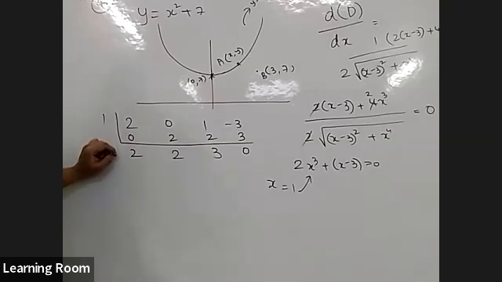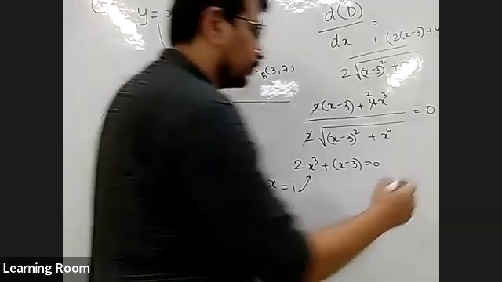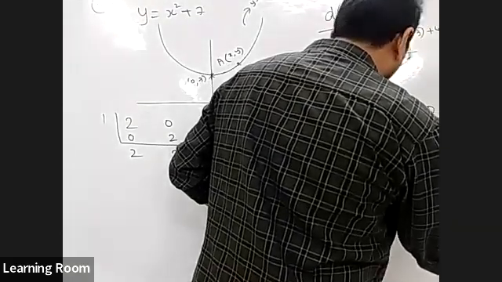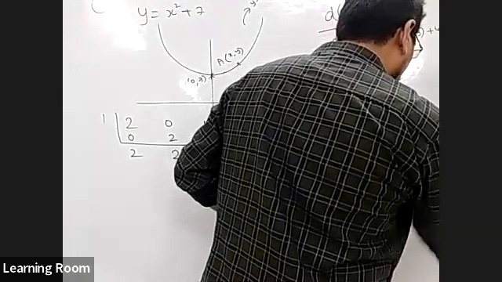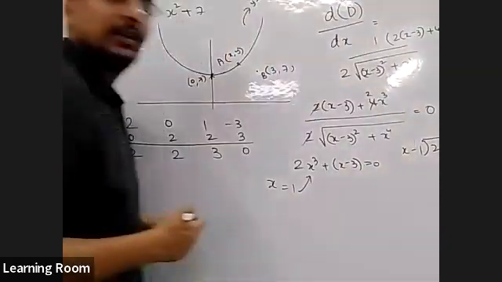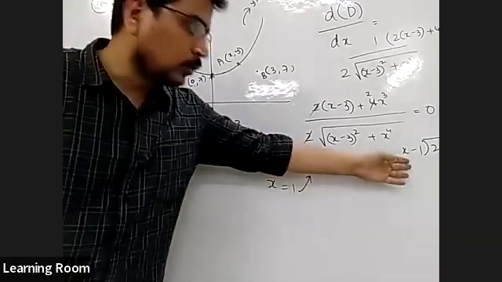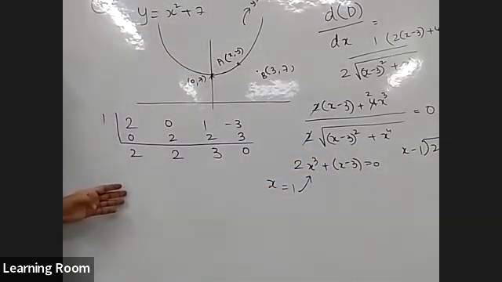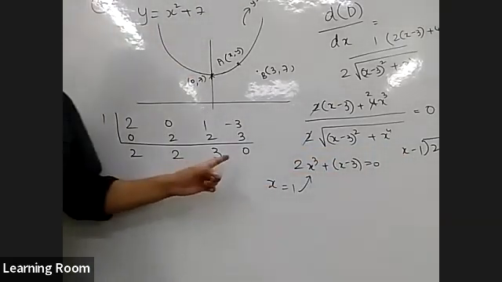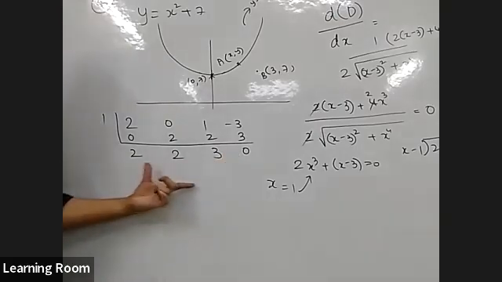So basically, you actually divided this polynomial with this polynomial. You know this, right? So this is what you did. This says that the remainder is 0, and the quotient is this.